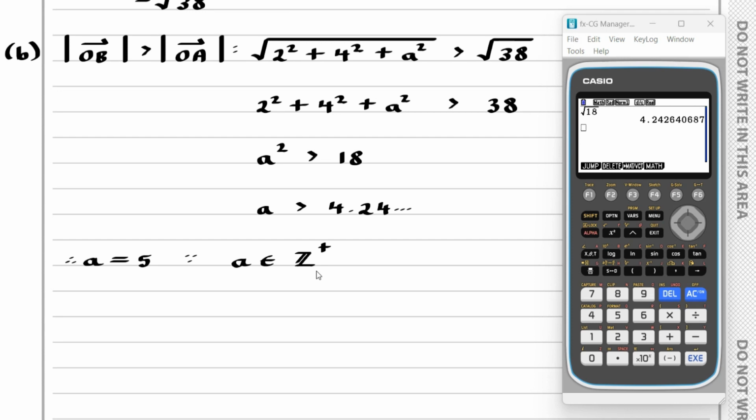And that's because a is a positive integer.